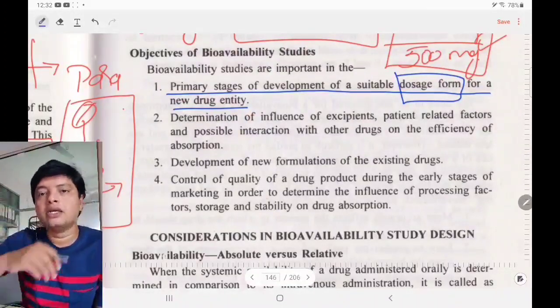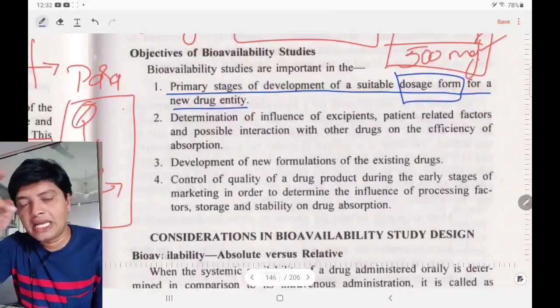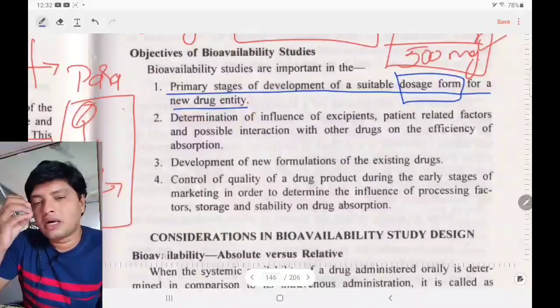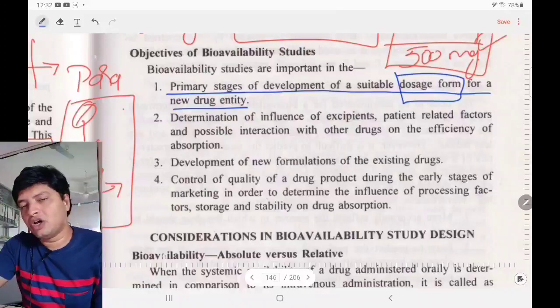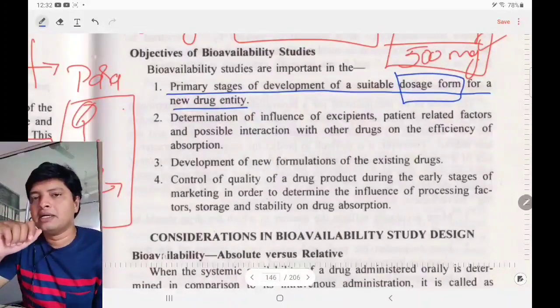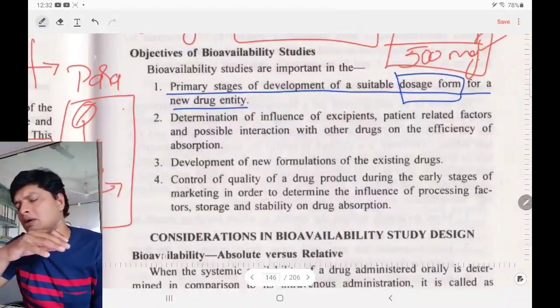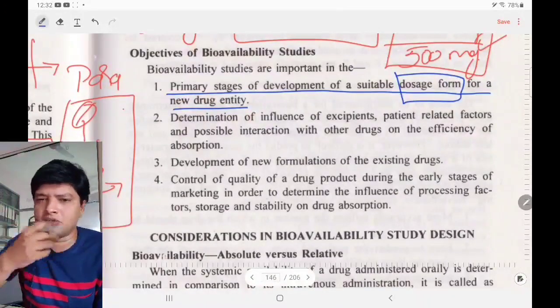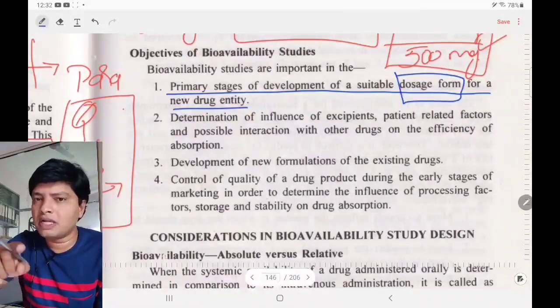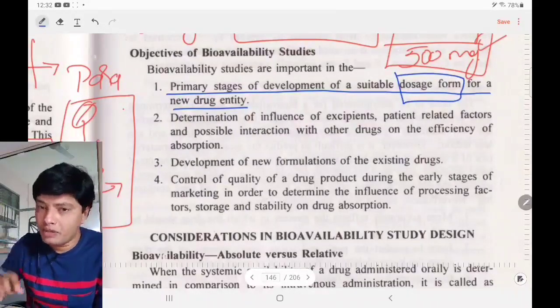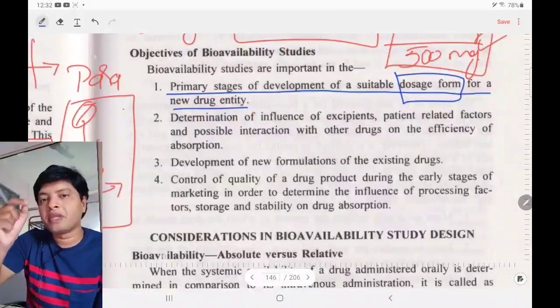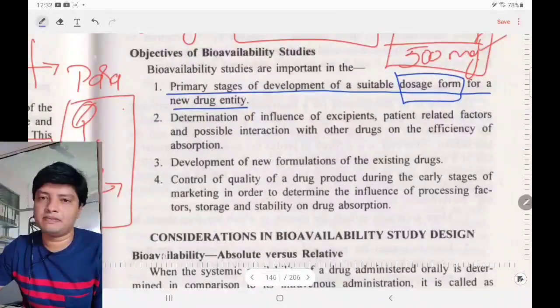Say I convert it into a tablet. I have cross-checked all the properties, and there is no issue with the drug and the polymers used, but I want to know whether the drug is performing well. So I take the newly developed tablet and give it to the patient.